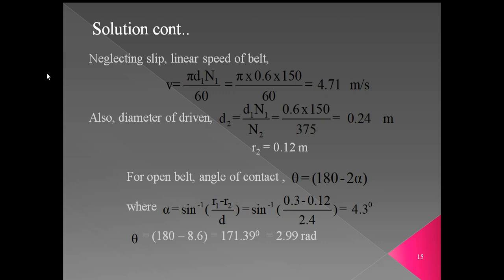From this, theta is equal to 180 minus 2 into 4.3. So theta is equal to 180 minus 8.6, that is equal to 171.39 degrees. This has to be converted into radians. That's why 2.99 radians is the angle of contact for this open belt drive.